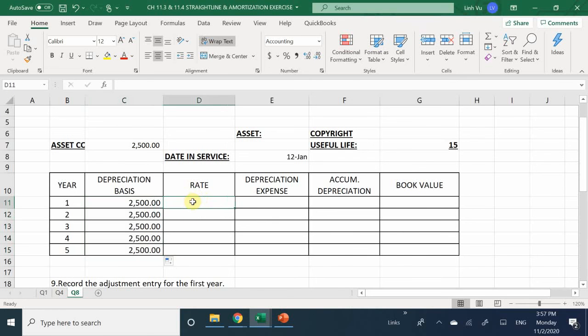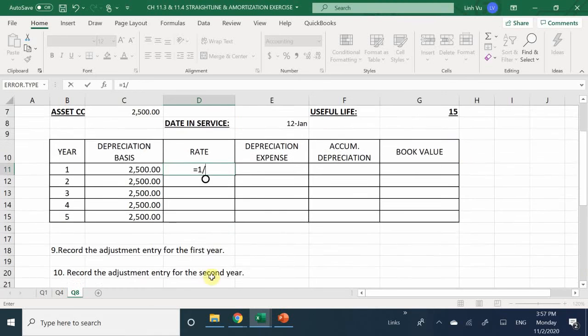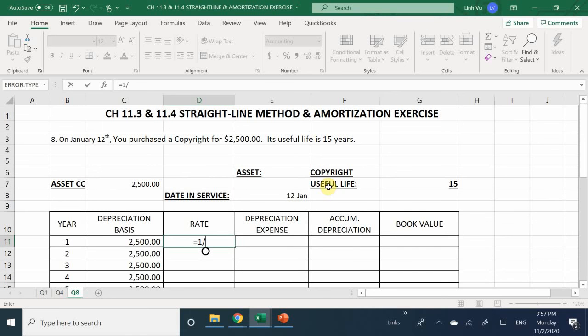Okay. What's my rate going to be? Is it 1 divided by 15? 1 divided by 15 is correct.